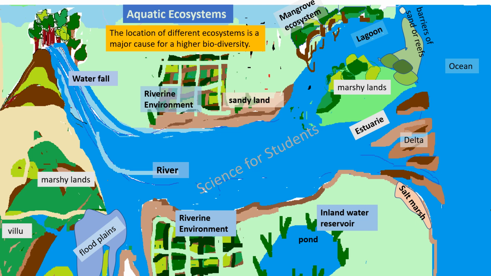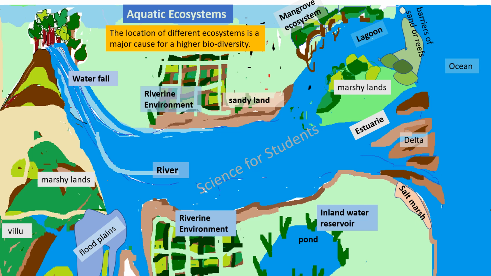All the mud and sand are deposited in these areas because the flow rate is very low. How are they deposited? In triangular shapes. These triangular deposited areas are called deltas. And near these estuaries, you can see some marshy lands.